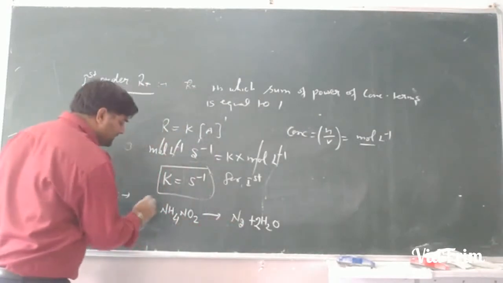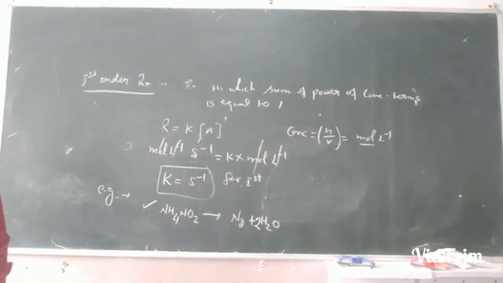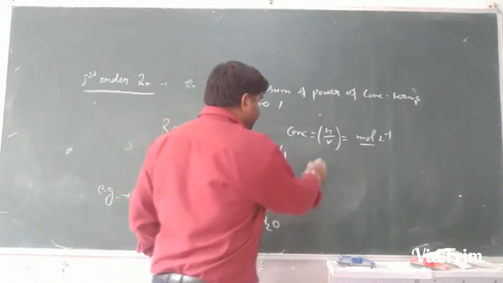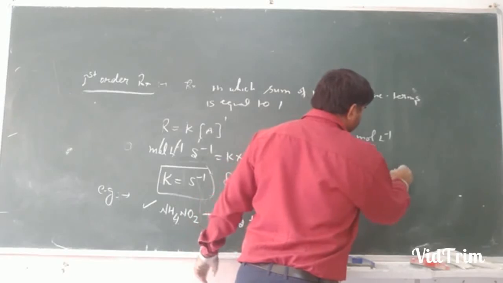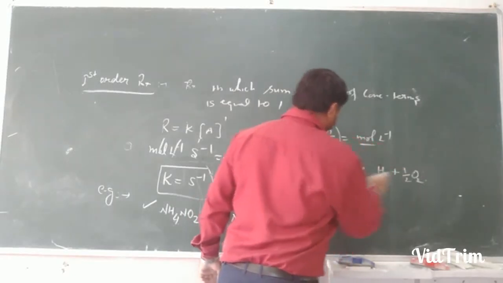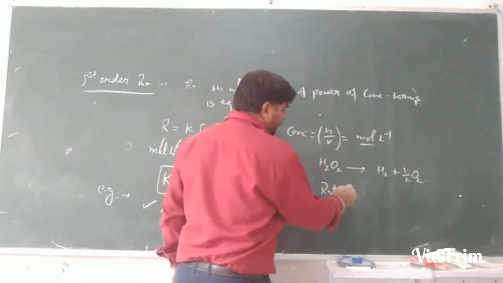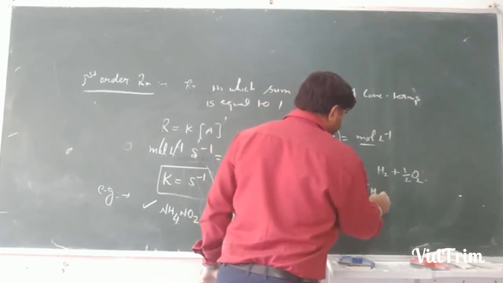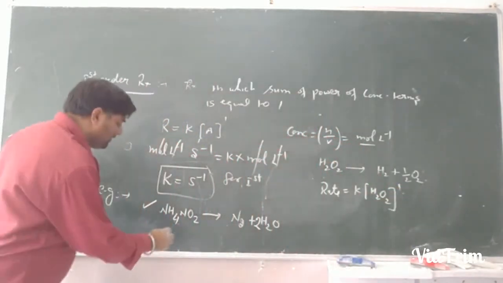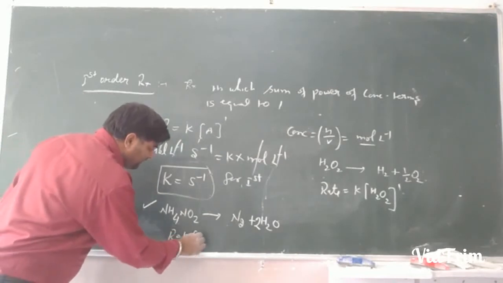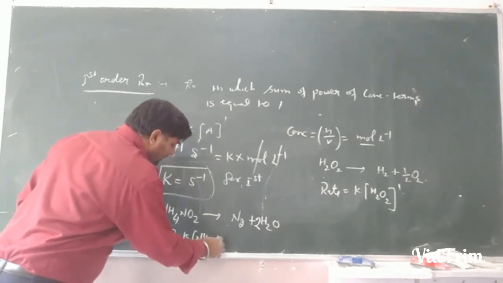This is an example of first order reaction. Similarly, another example is H2O2, it forms H2O plus half O2. Again, rate of reaction equals K, concentration of H2O2 power 1. Here also rate is equal to K, concentration of ammonium nitrite.